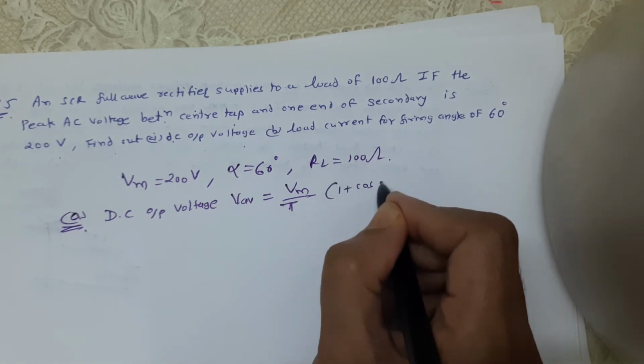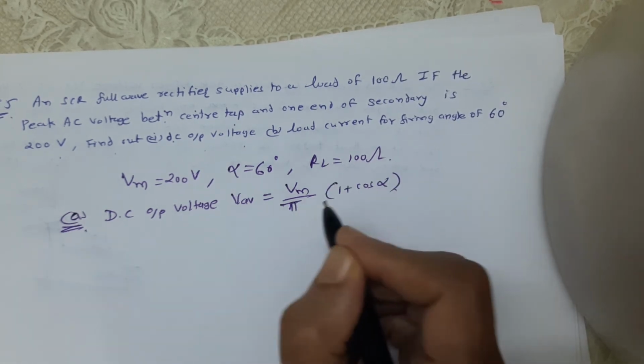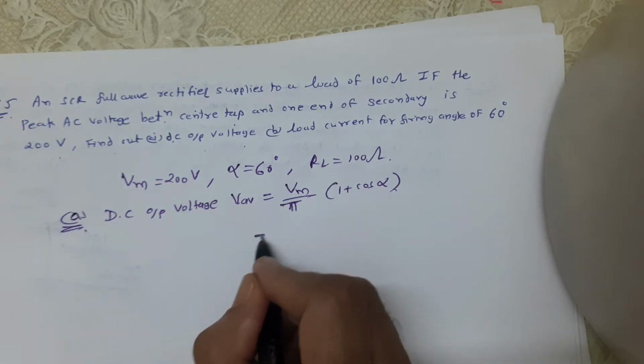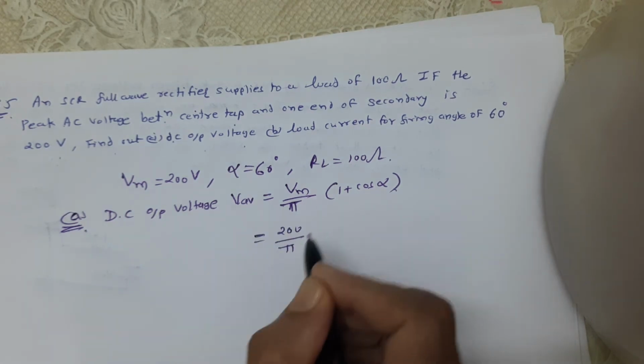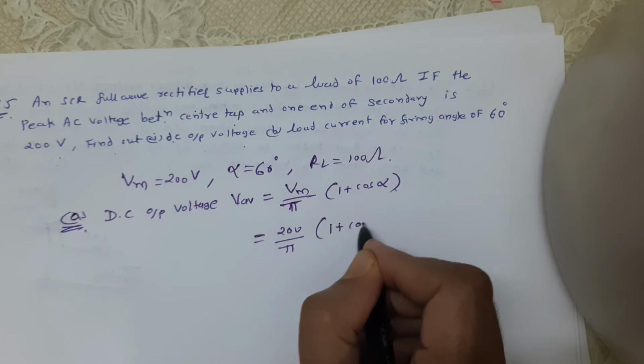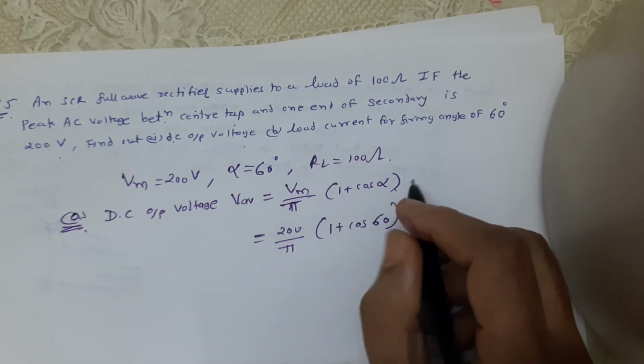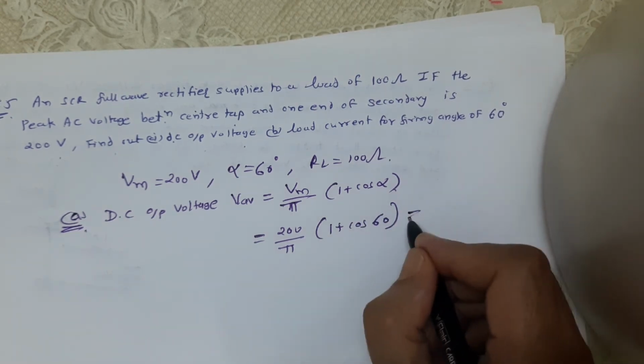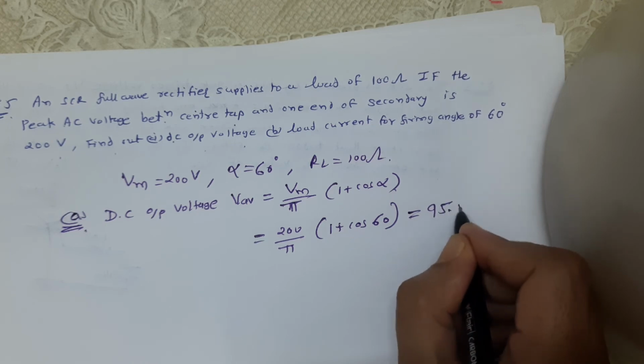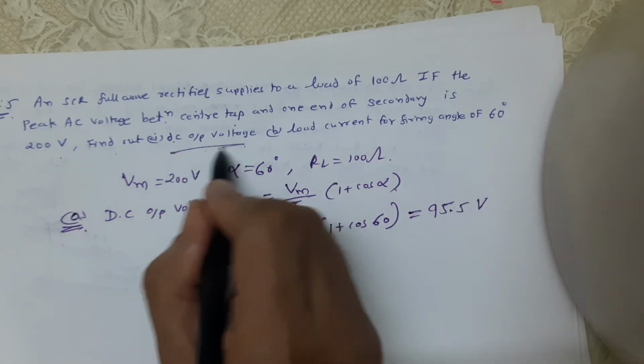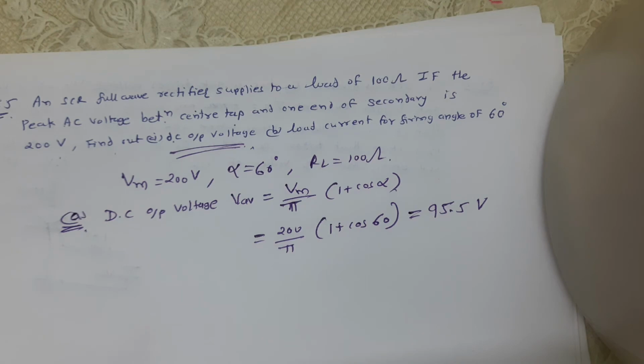This is equal to 200 upon pi into 1 plus cos 60 degree. This is equal to 95.5 volt.